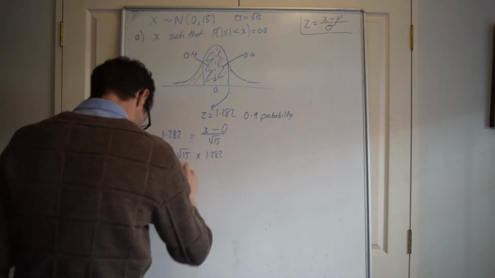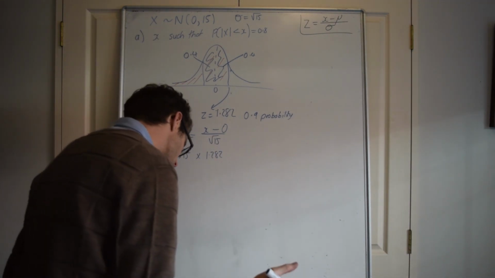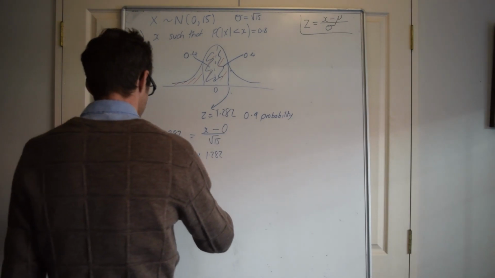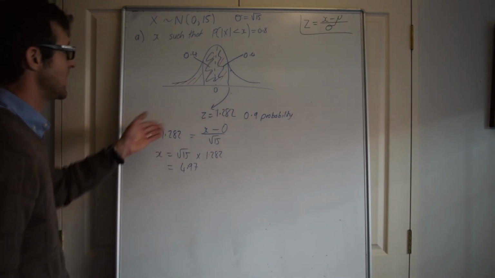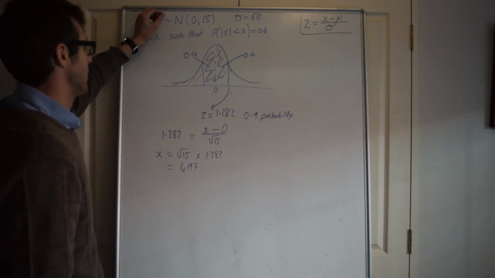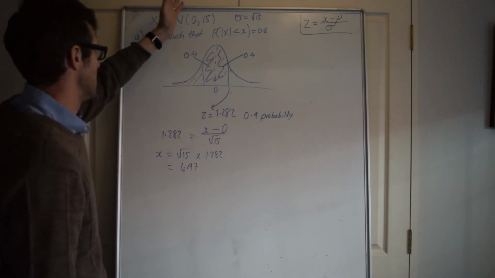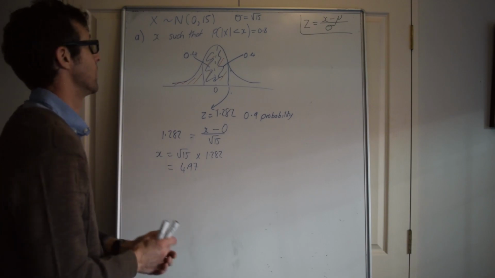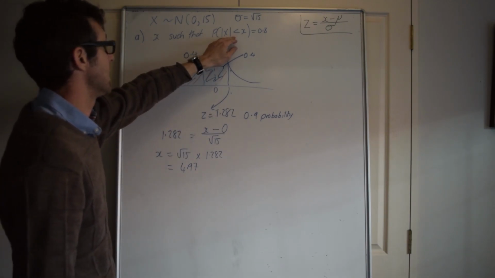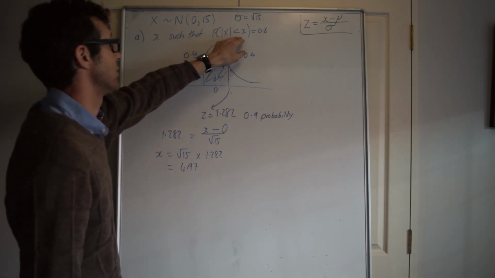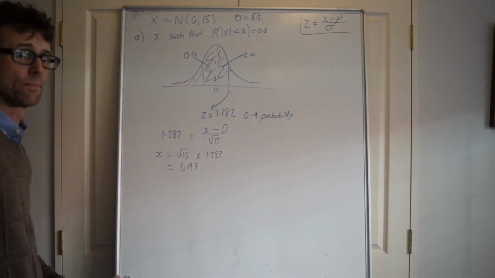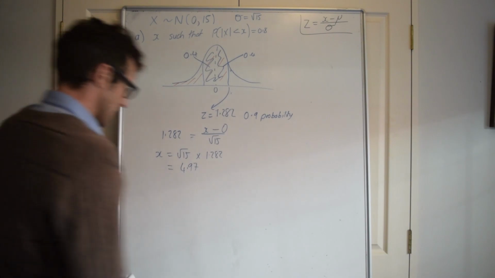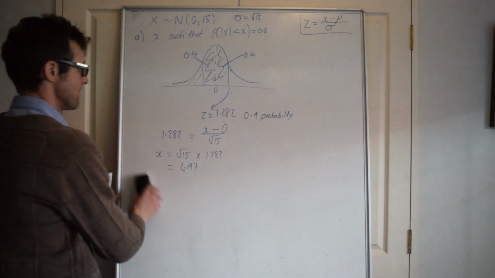Now if you chuck that in your calculator, when I did this before, I got x is equal to 4.97. So on the non-standardized normal, 4.97 would be the result that this modulus of x would have to be less than to give you a probability of 0.8.